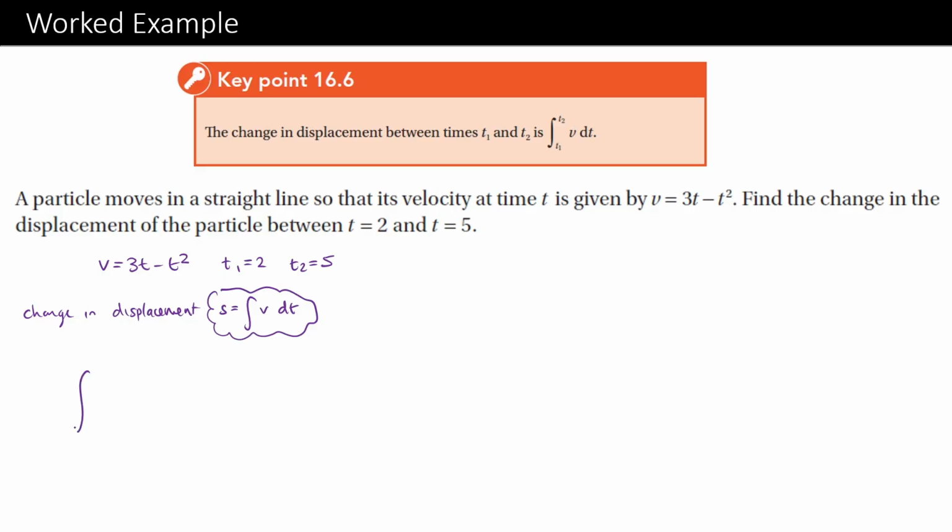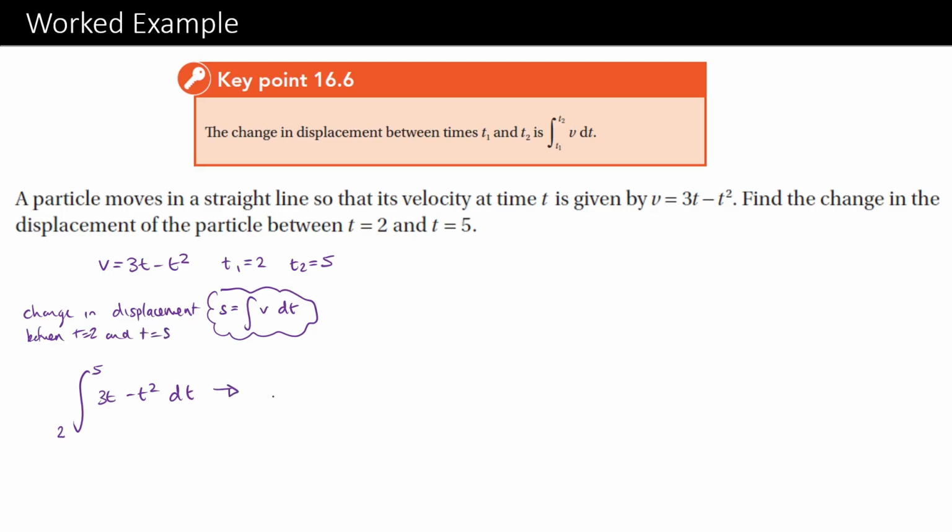So I've got the integral from 2 to 5 of 3t minus t squared, and that gives me the change in displacement between t equals 2 and t equals 5.